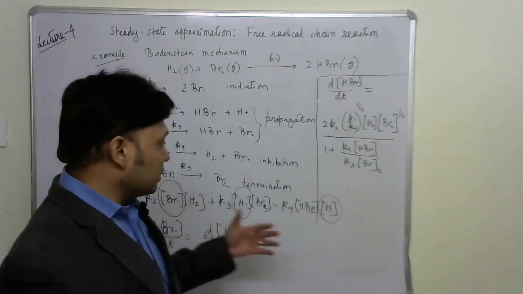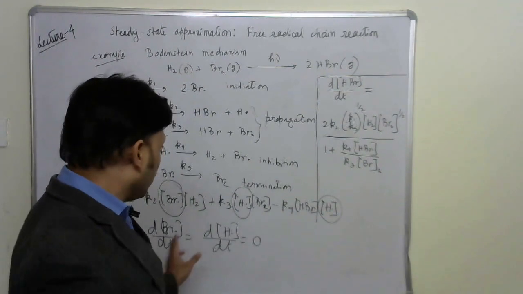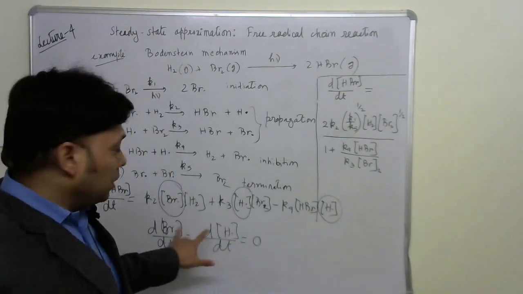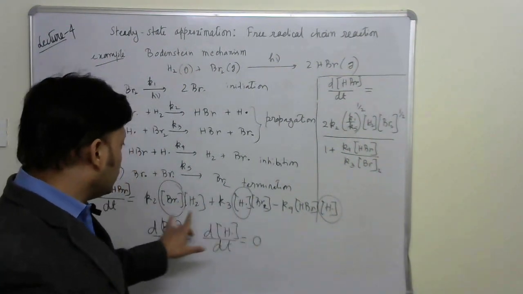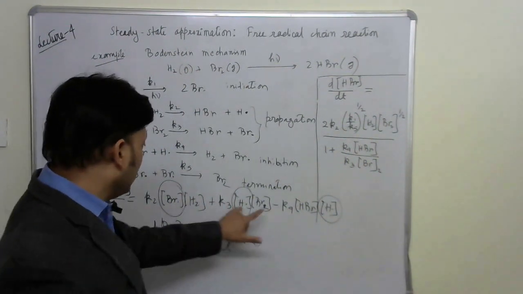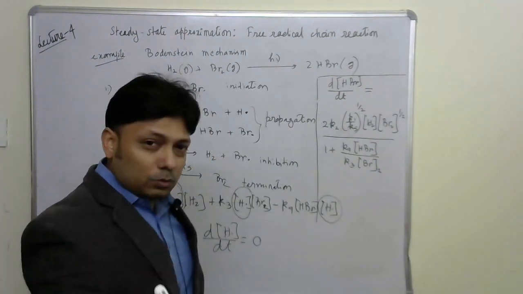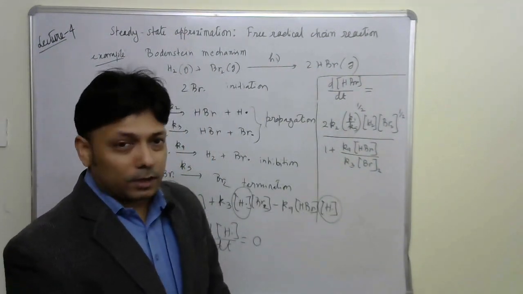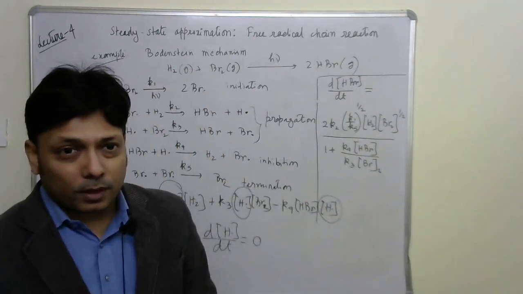These are two unknowns, so you need two simultaneous equations. If you solve for H dot and Br dot and put those values over here, you are expected to get this result. So I want you to do this exercise. It's for your benefit, and this way you can learn.